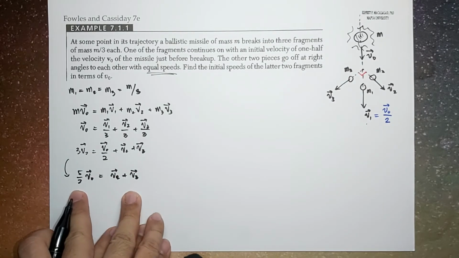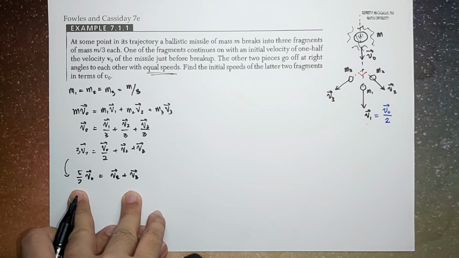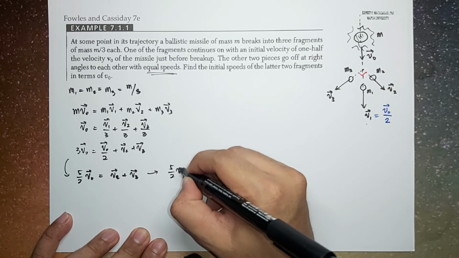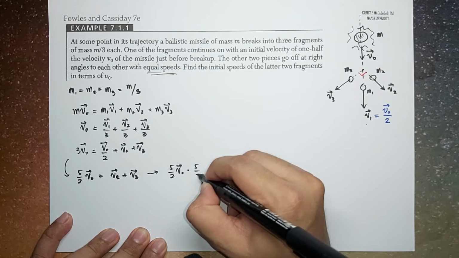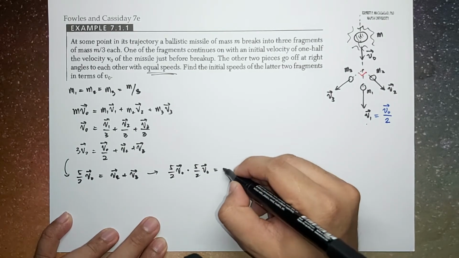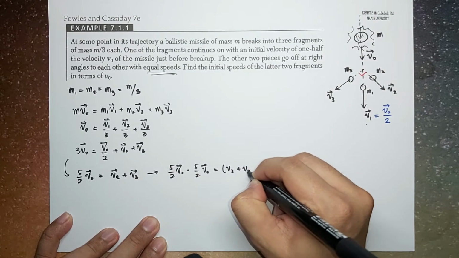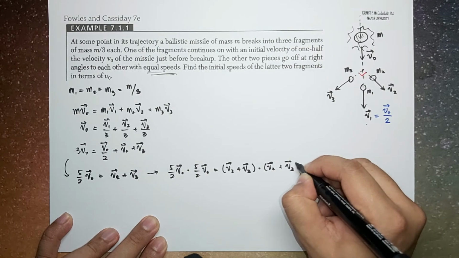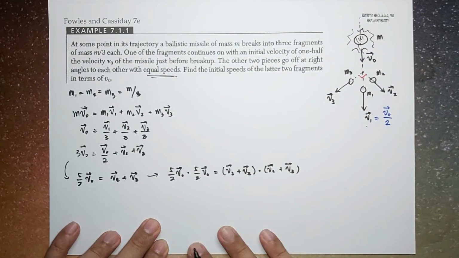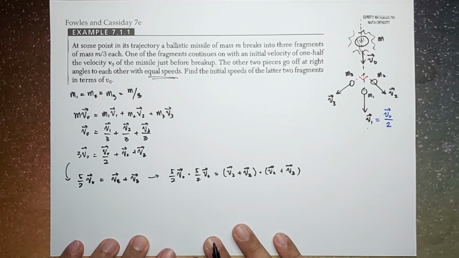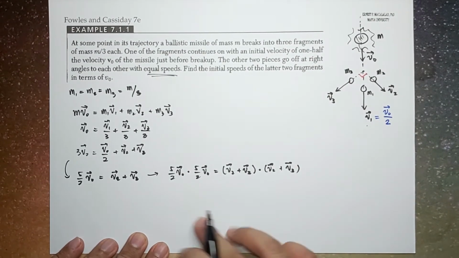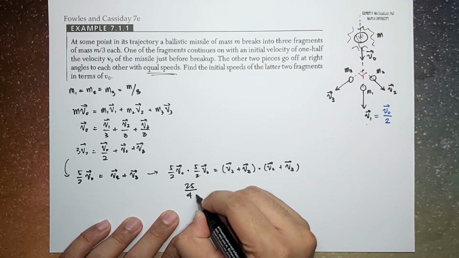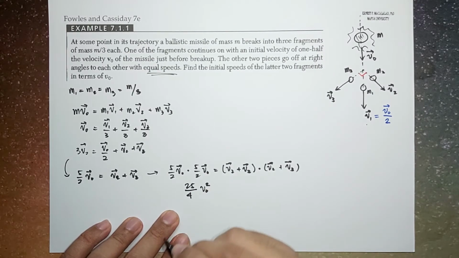Now, if we take the dot product, scalar product of each with itself, that is 5 halves V naught dotted with 5 halves V naught. This should be equal to V2 plus V3 dot V2 plus V3. Okay, so this can be simplified as 25 over 4 V naught squared.